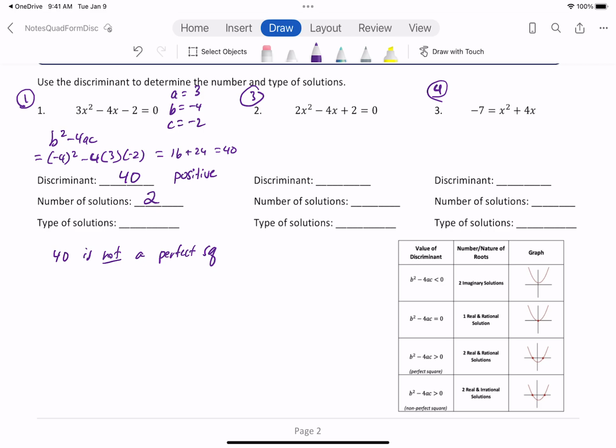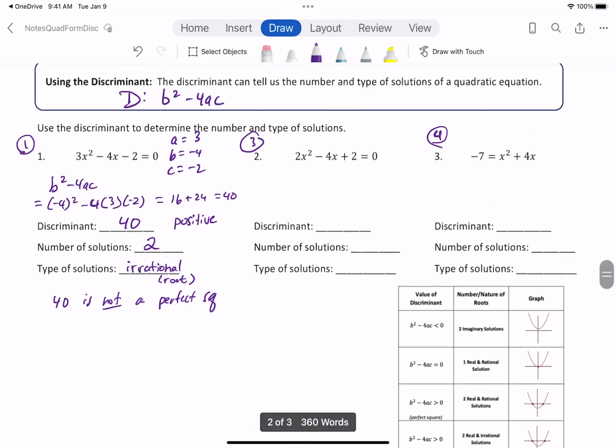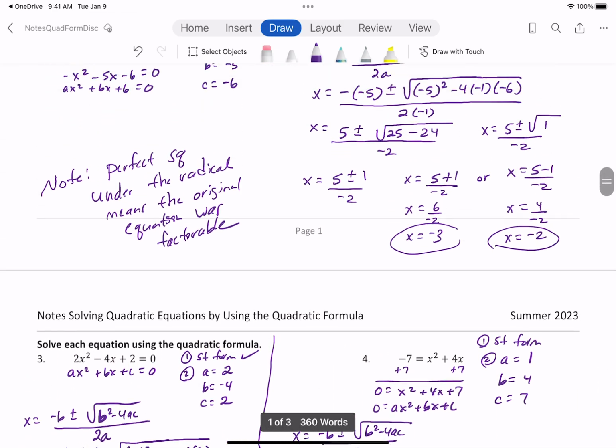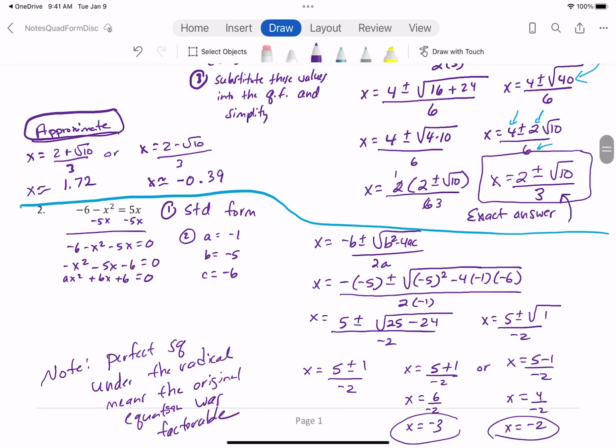So if the number is positive, we get two solutions. If the number is not a perfect square, the type of solutions are irrational. And basically what that means is that we still have a root in the answer. And if you look back at number 1, we did indeed still have a root in the answer. Okay?